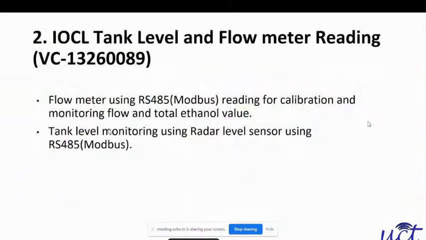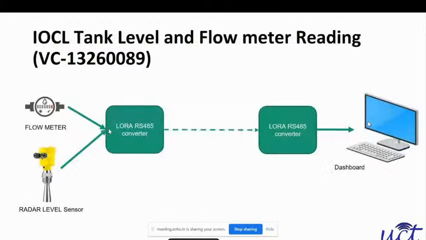And the next project we did is tank level and flow meter reading for IOCL. We are metering the ethanol tanks for flow sensing, and also the tank level for the ethanol tank. Here we implemented more of a point-to-point approach on a trial basis, where we are taking data from a flow meter and a radar sensor, and then sending it to a LoRa RS485 converter.